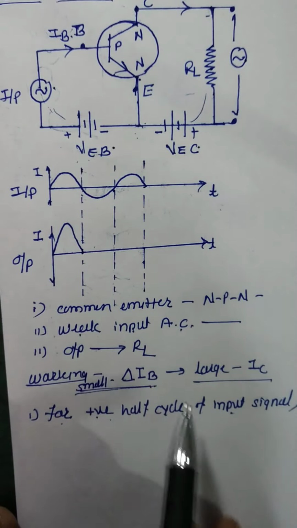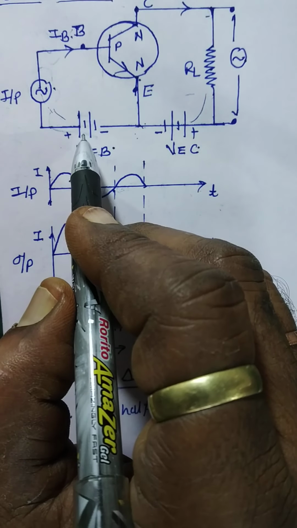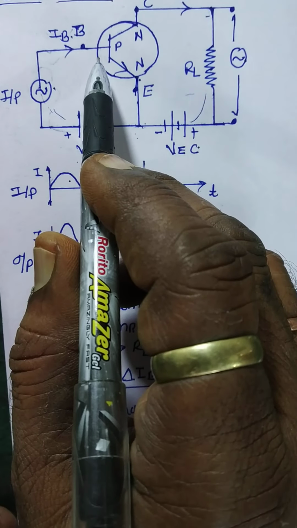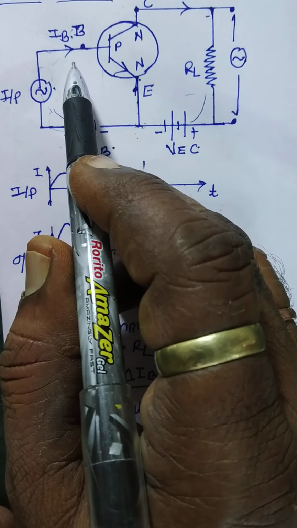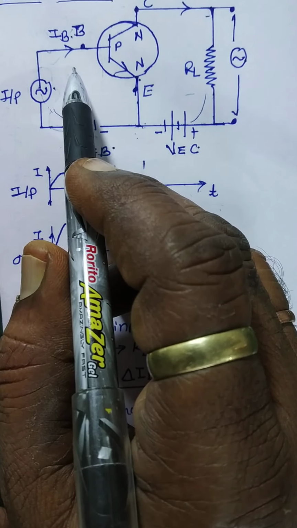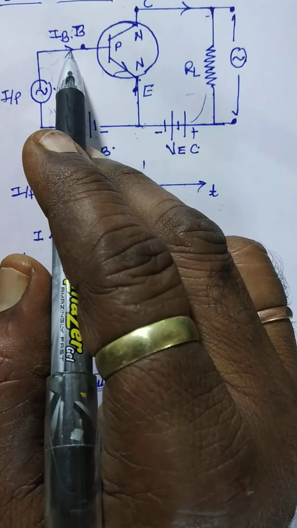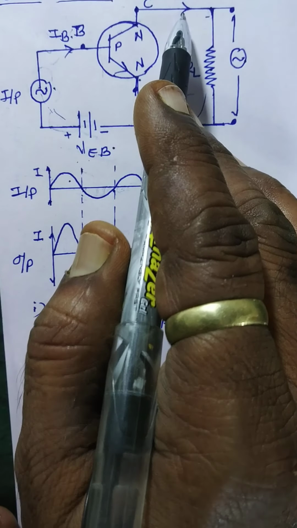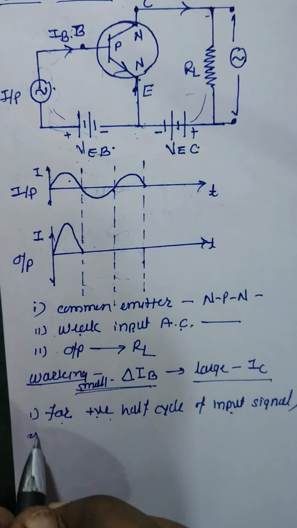For positive half cycle of input signal, forward bias potential between emitter base junction increases, and hence base current increases, and automatically collector current also increases, and hence output voltage measured across load resistance increases.